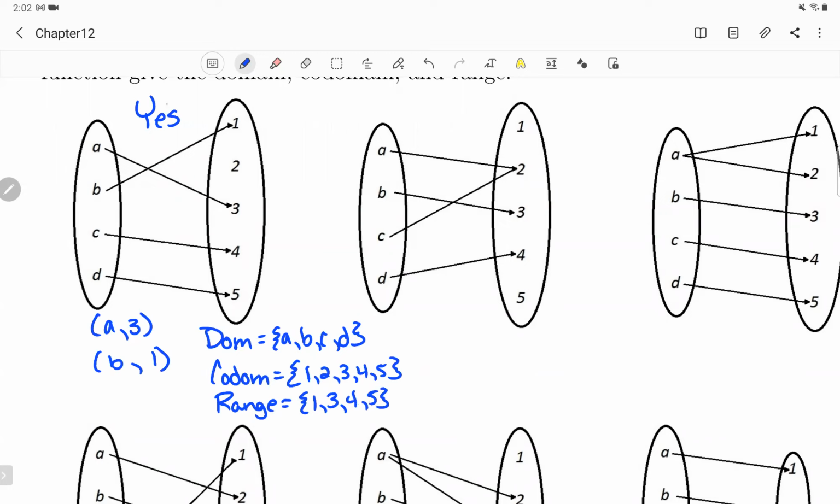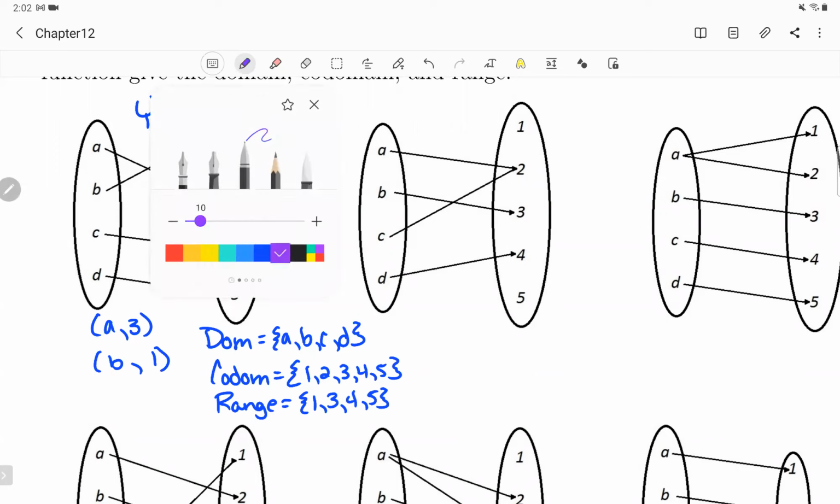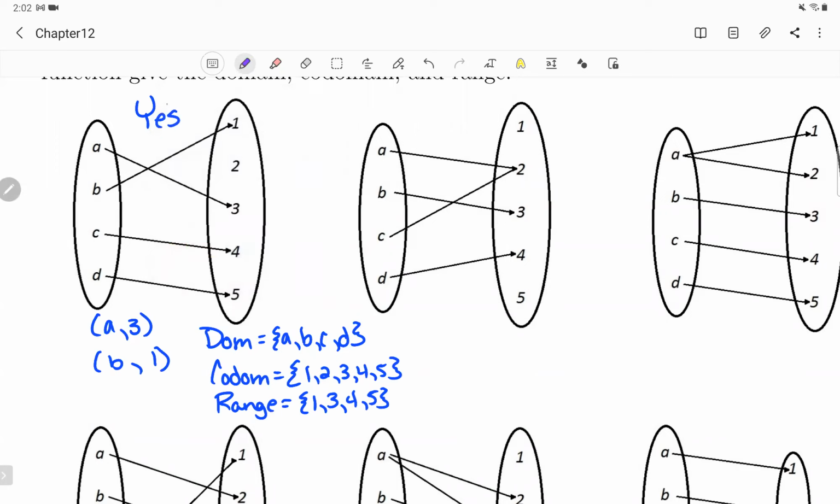What about the second one? Is that a function? I heard yeses and nos. Yes, it is a function. What made you think no for a second? Because two things are pointing to the same thing. That repeat is in the range, and a repeat in the range is fine. It's a repeat from the domain that's bad.